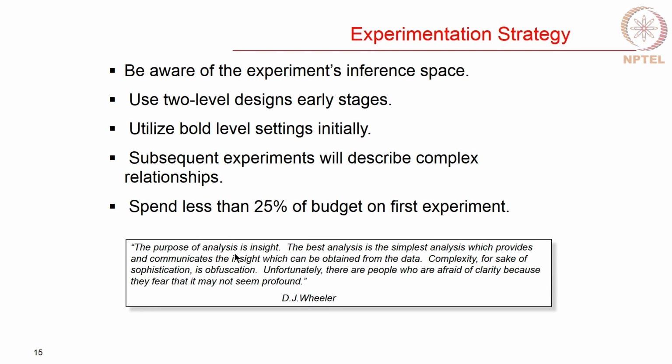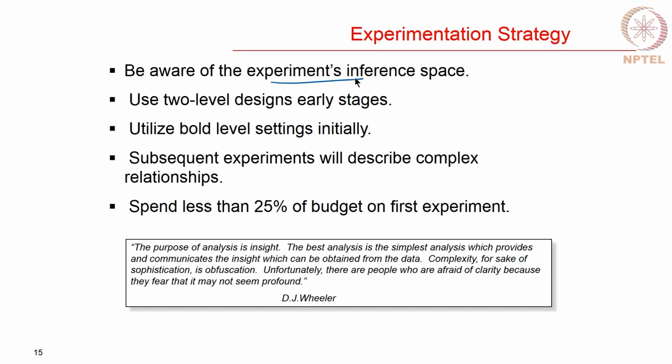So, these are some generic strategies that the co-author of these slides has given, which he feels are very important. You have to be very clear about what the inference space is. You cannot just take raw data and say, okay, I am going to do this. Is this really required?